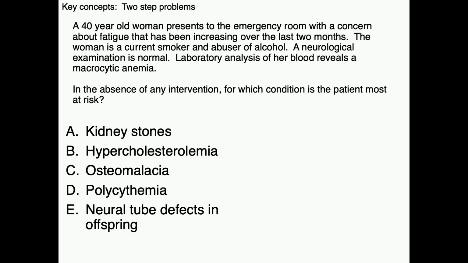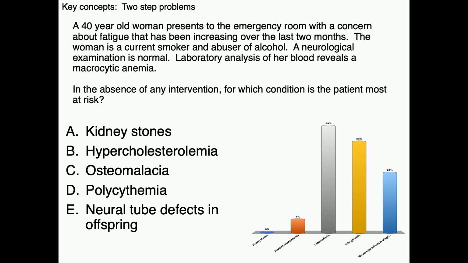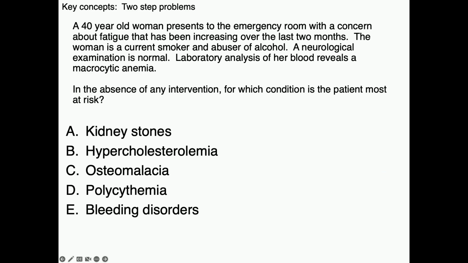So this is getting a little harder. Frankly, this is something that you're going to cover in your last course here in Duluth in endocrinological and reproductive medicine, but I'm just giving you some examples of where we can go here. So the best answer would be the neural tube defects in offspring. That's associated with folic acid deficiency during pregnancy.